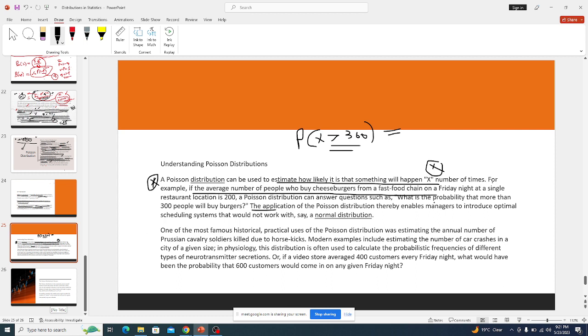Okay, I'm back. So, for example, if the average number of people who buy cheeseburgers from a fast food chain on a Friday night at a single restaurant location is 200.